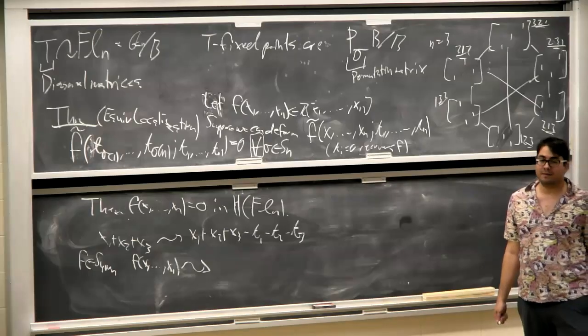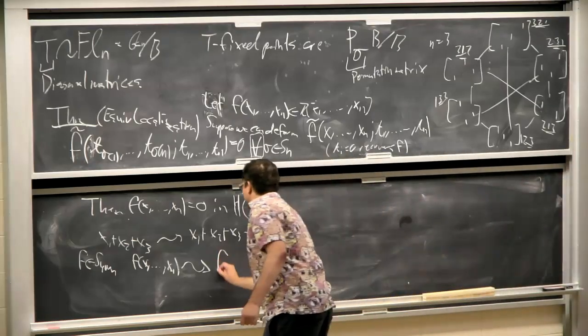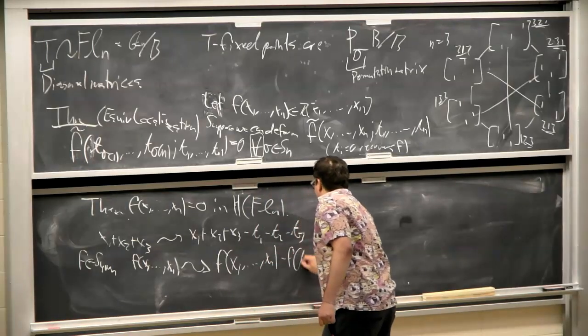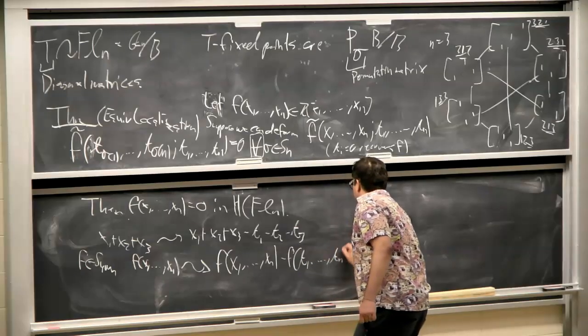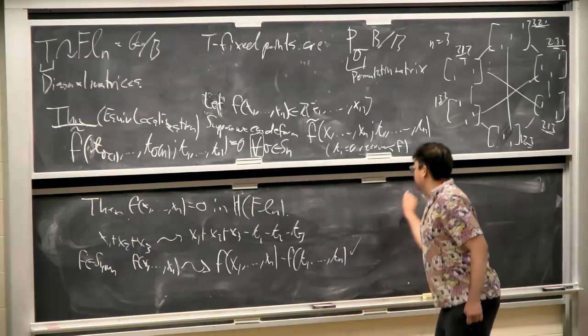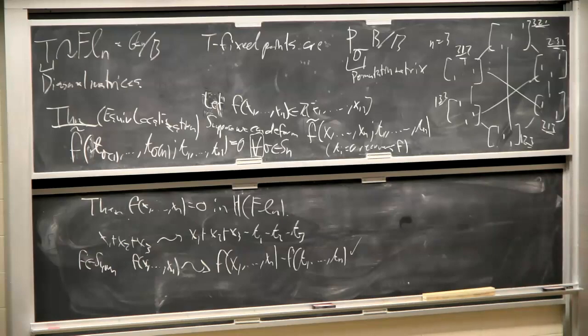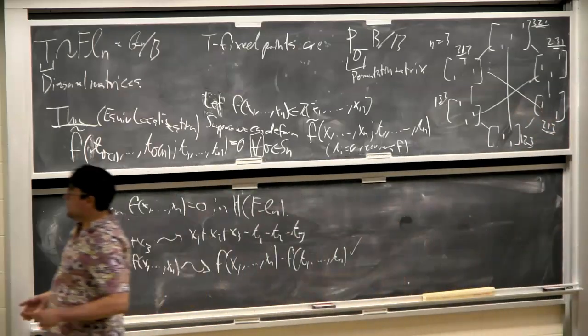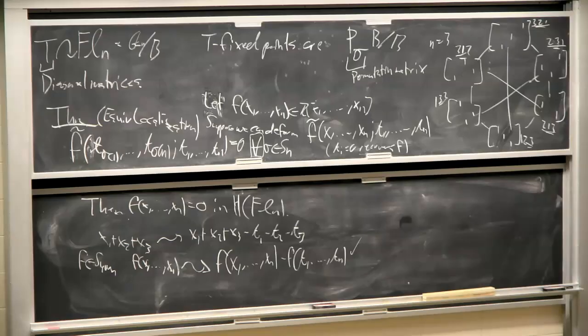To subtract off the t. Yeah, that wasn't a hard question. f of x1 through xn minus f of t1 through tn. Great. So this is why, from the perspective of this graph, the symmetric functions lie inside this ideal.